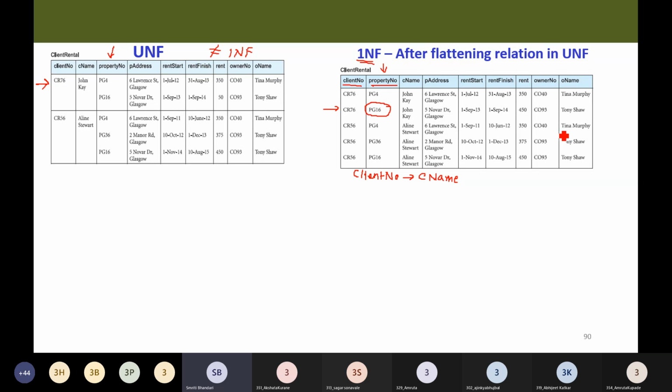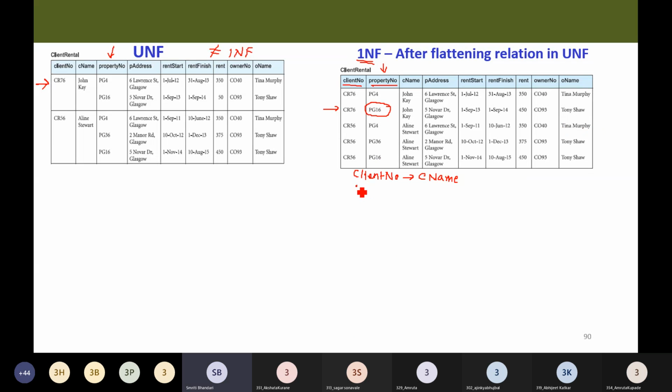Yes, very true. So, the only attribute property number is determining property address, rent, owner number and owner name, right?